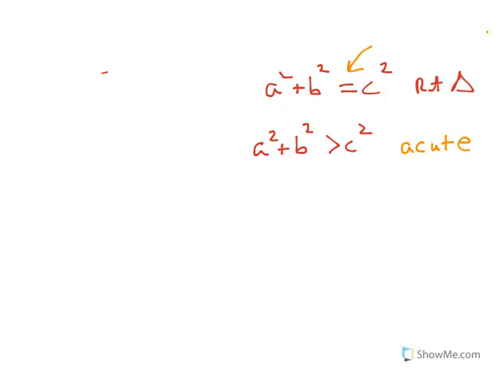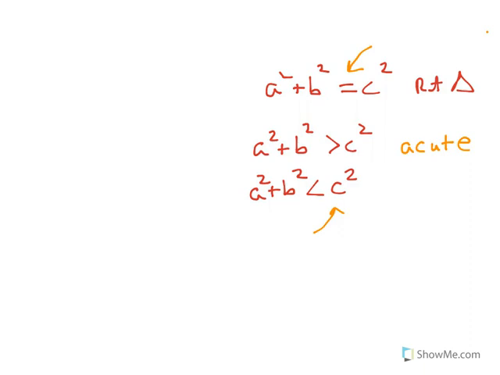And then if it is the other way, if a squared plus b squared is less than c squared, then that means c squared is too big. You have too much hypotenuse.